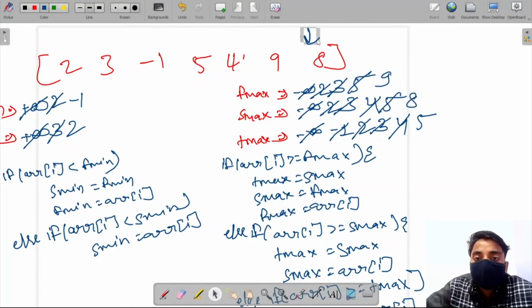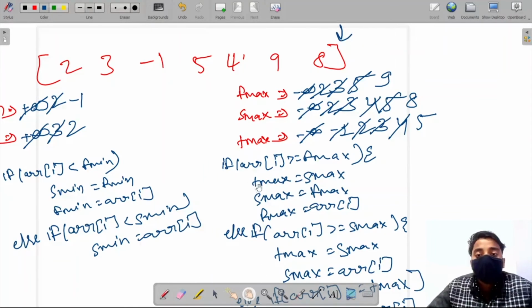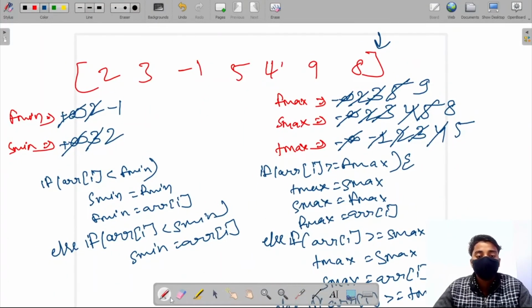In the next step, all the elements are used. Now we have the first max, second max, third max, and first min, second min. So first min is -1, second min is 2, and the first max is 9.